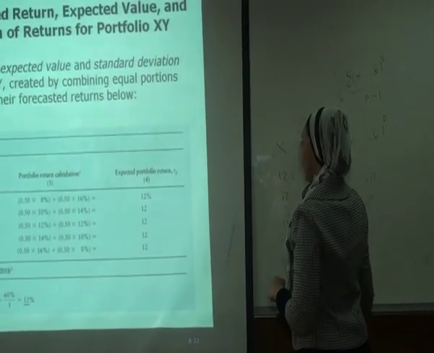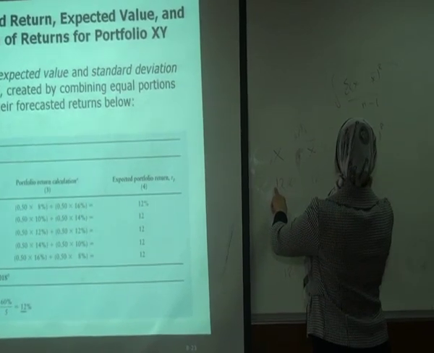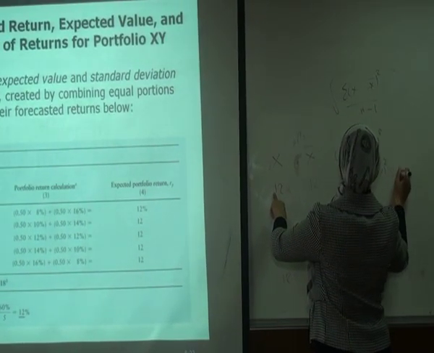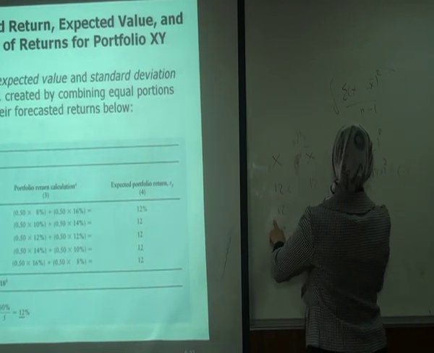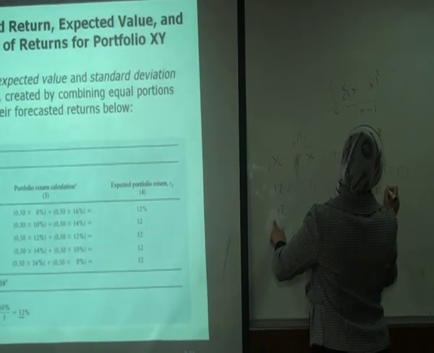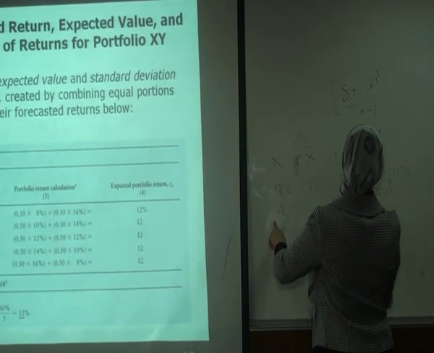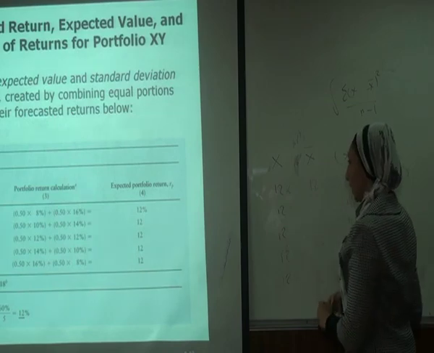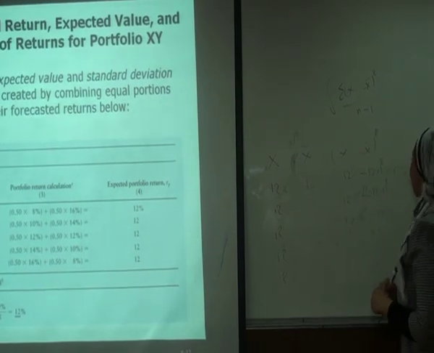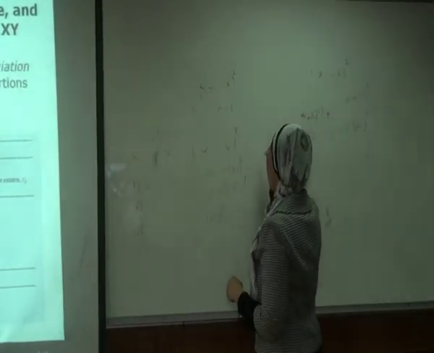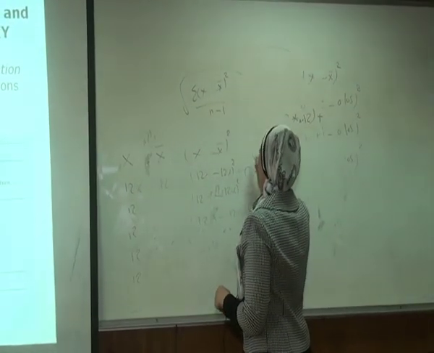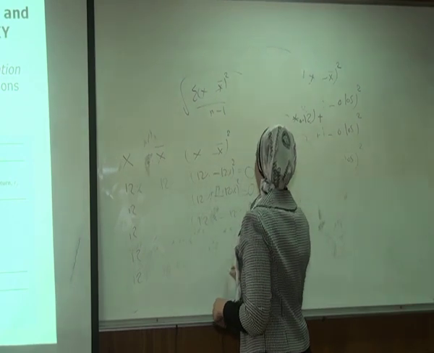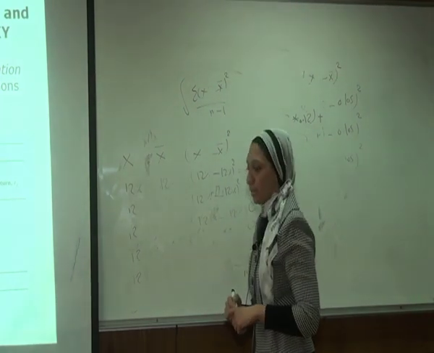So you will deduct 12% minus 12% power 2. Okay, you will get the number. Then 12%, of course, here it's 0. 12% minus 12% power 2 until you finish the 5 years. Okay? After finishing the 5 years, you will sum them together and divide by n minus 1, then you will get the square root of the answer.